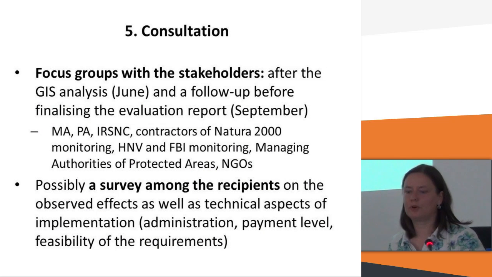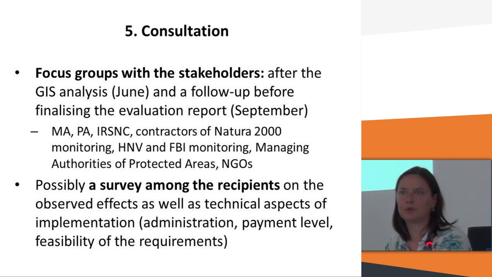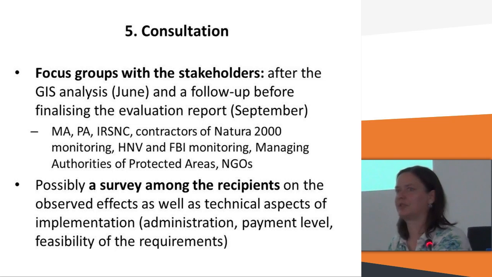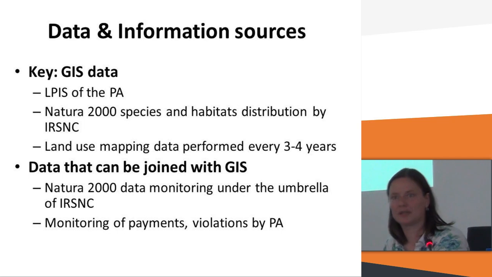We also had a focus group with stakeholders, and we're planning to do one towards the end of the evaluation. And we'll possibly do a survey among the recipients about the observed effects and also administrative aspects. What did they find maybe difficult? Why maybe they didn't extend the 5-year period or something like that.